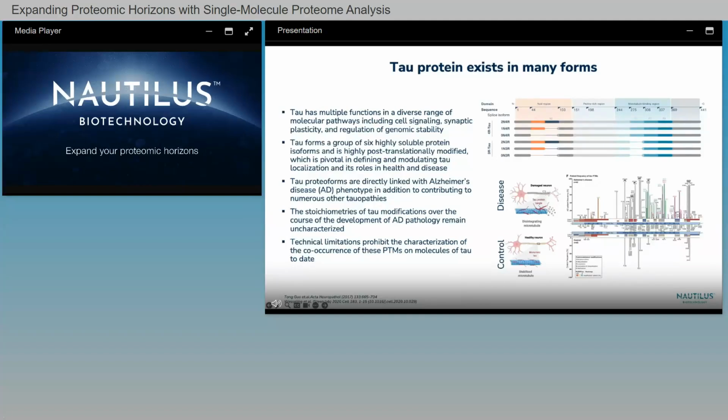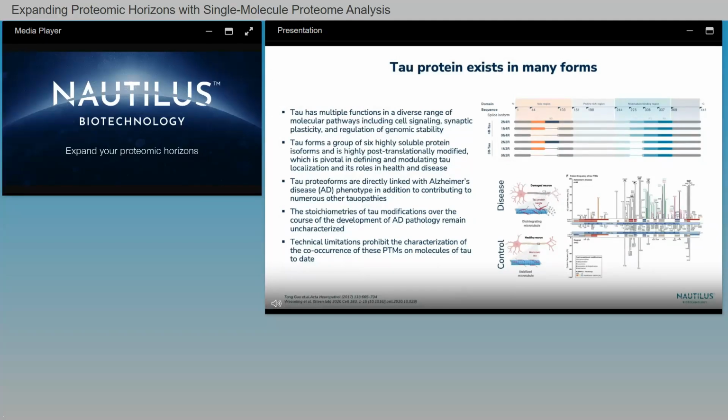But then on top of it, work such as done in the Steen lab has elaborated a wide number of post-translational modifications on top of that. Unfortunately, the stoichiometries of these modifications, the combinations of these modifications, the patterns really has not been elaborated to date.